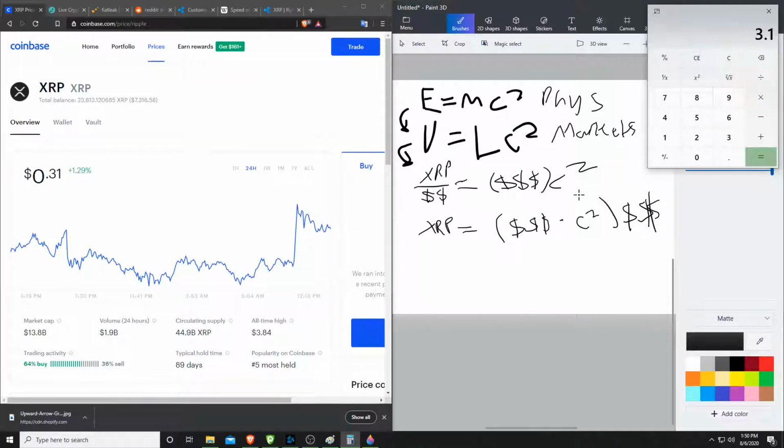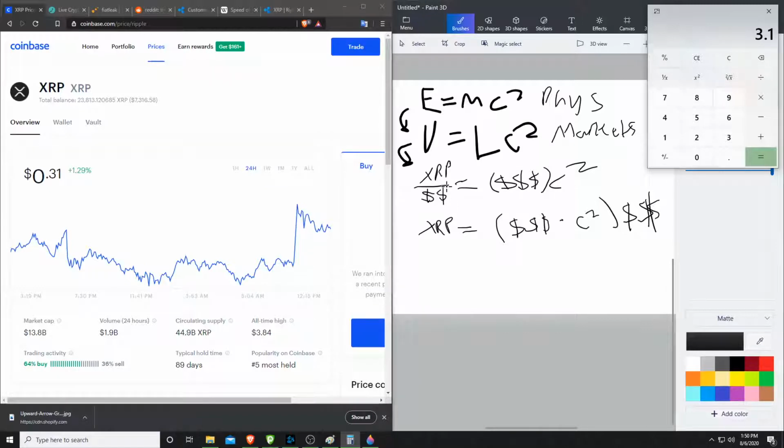I know this sounds like a very out there thing to say, but if you believe that, so 3.1 XRP, the currency that will provide the most liquid financial asset that we have ever seen, otherwise known as value. Value is equal to liquidity times the speed of light, right?